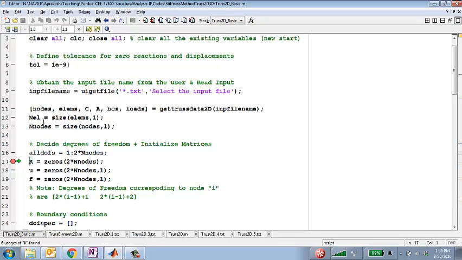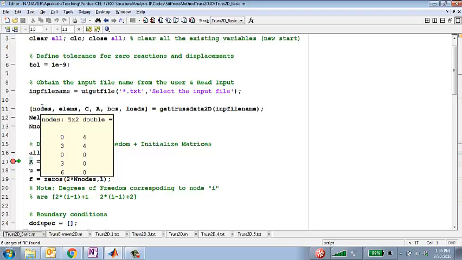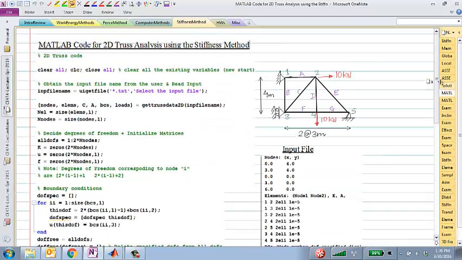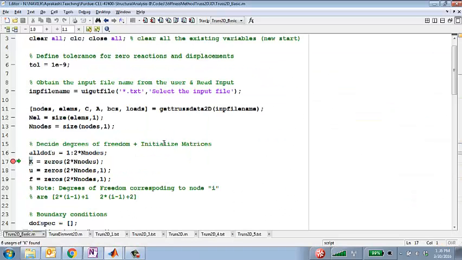So from that input file, we get node information. There were 5 nodes in this problem. But just to remind you again, the problem that we are talking about is this one. This is an indeterminate problem. As you remember, we had solved it with the flexibility method before. So we set up nodes.